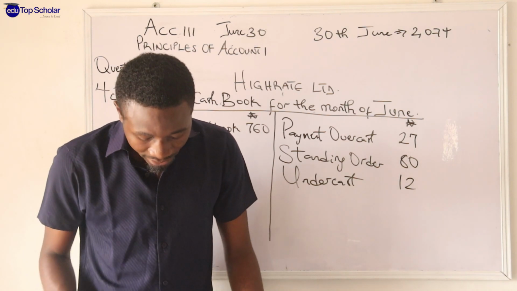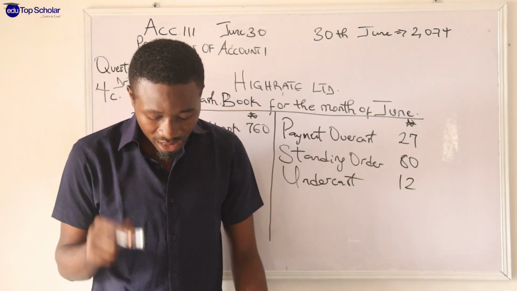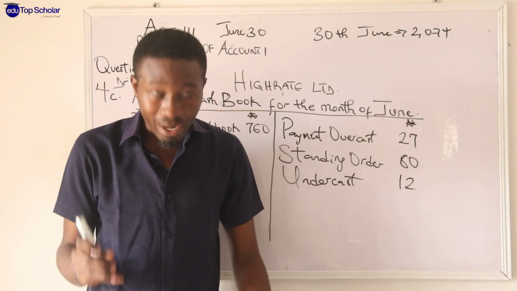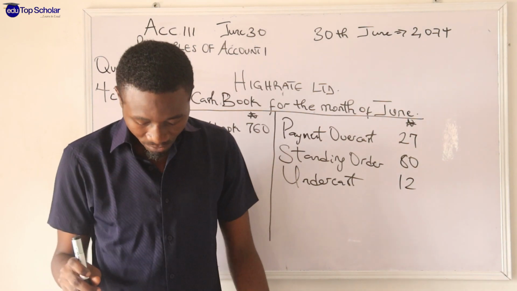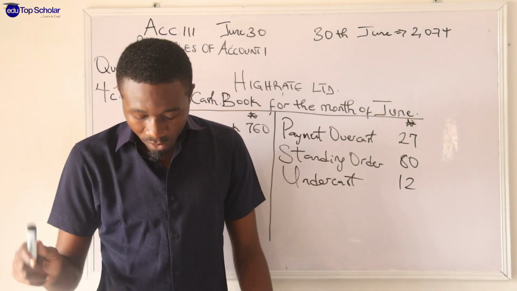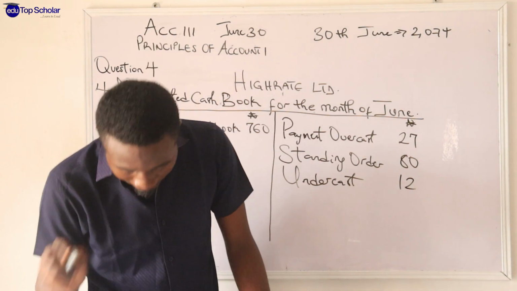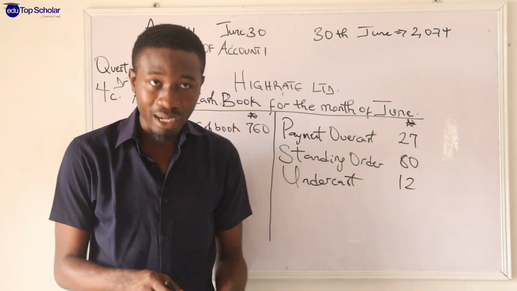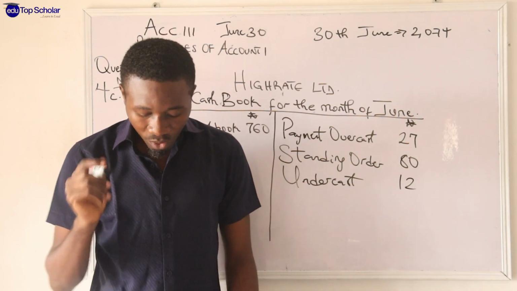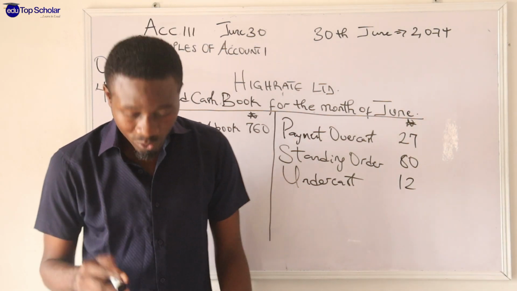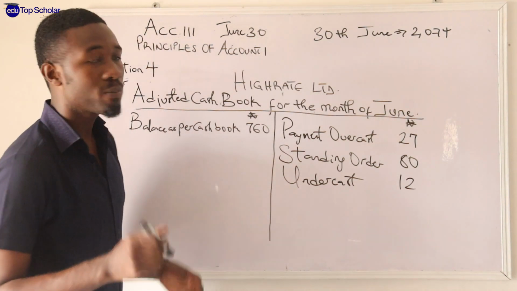Then they said a check of 504 naira lodged in by iWade Limited, who maintain an account with the same bank, was credited wrongly by the bank to the account of iRate. So it's like I explained earlier.